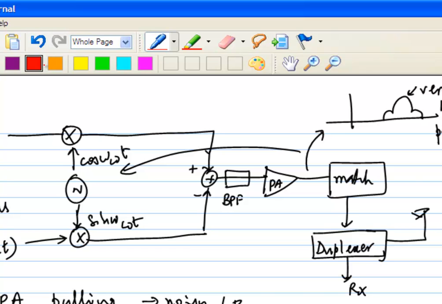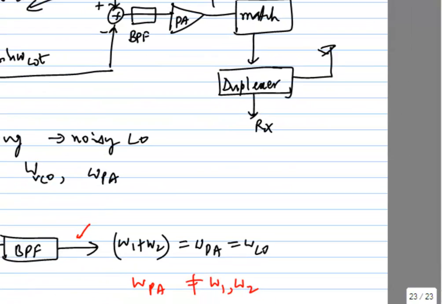You can choose whatever you want. You can choose omega 1 equals omega. Okay, let me draw it out separately.